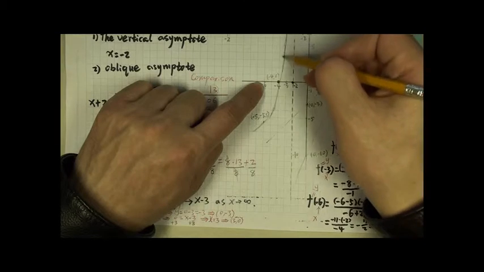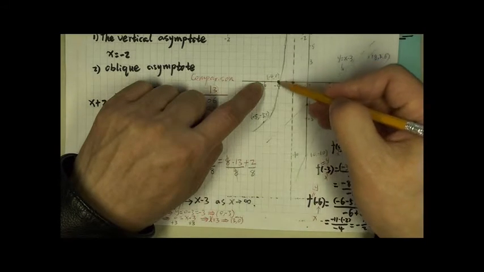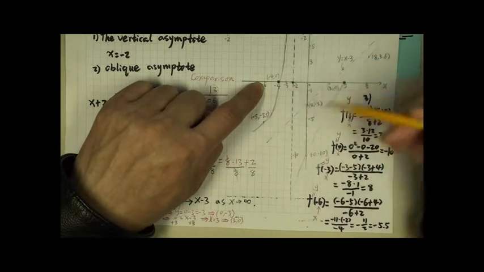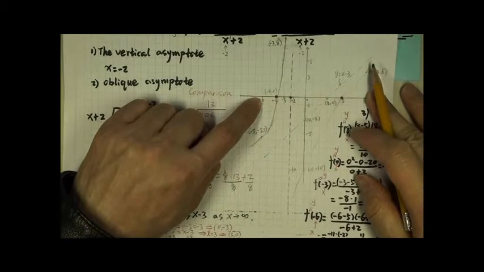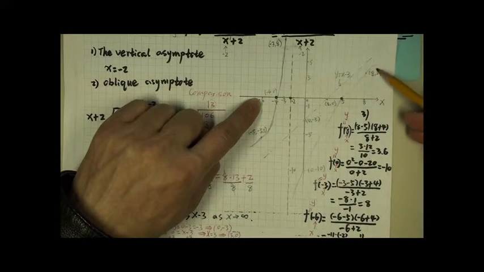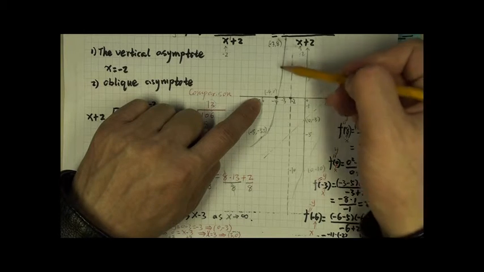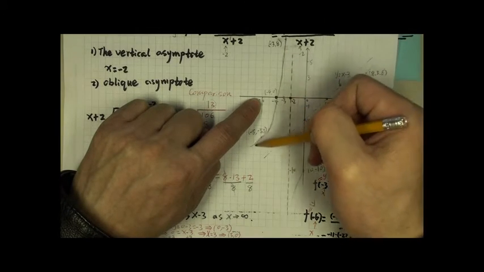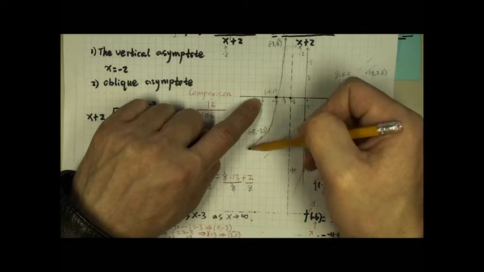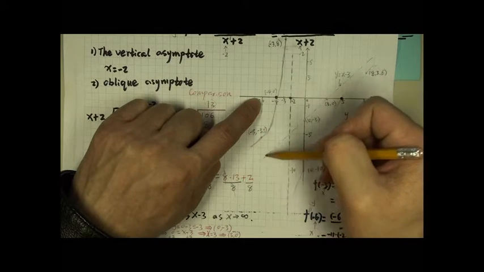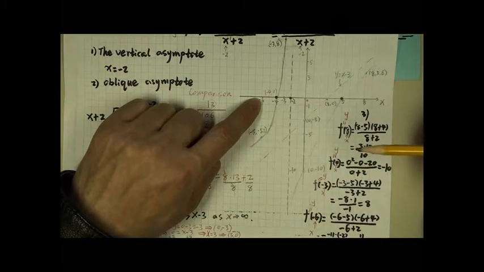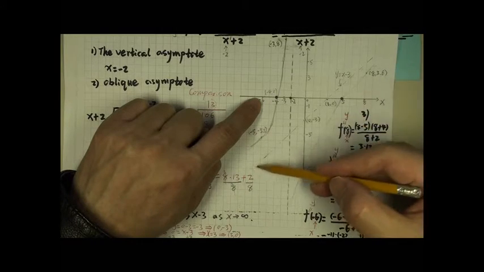Then you can connect those 3 points. On the right-hand side of the vertical asymptote the curve looks like this, and on the left it looks like this. And this line will approach the asymptote as close as we want but never touch the dotted line.